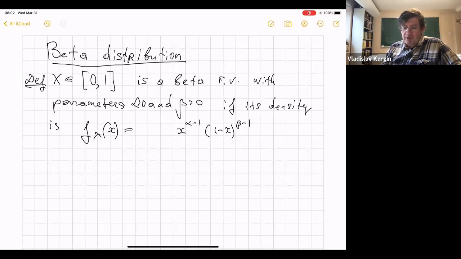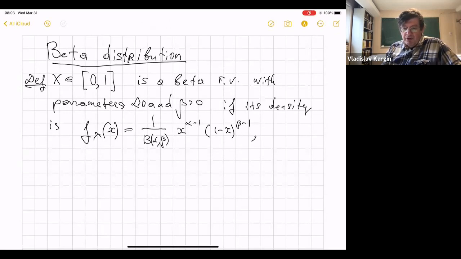Right? So now this is a positive quantity, but we also need to ensure that its integral is equal to 1, so we just divide by some constant which depends on alpha and beta. We call it B of alpha and beta.